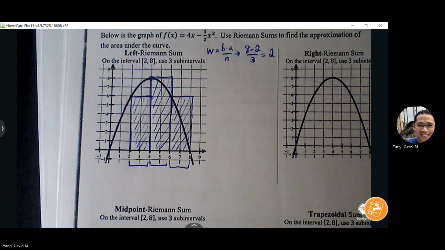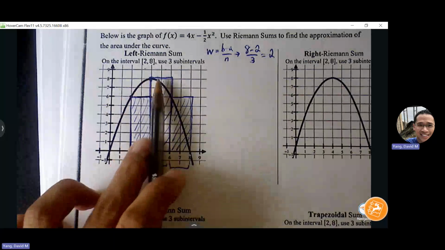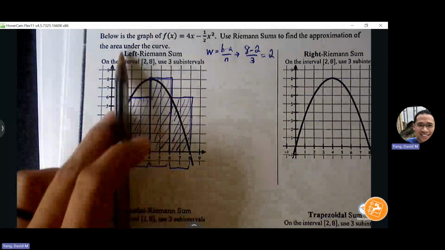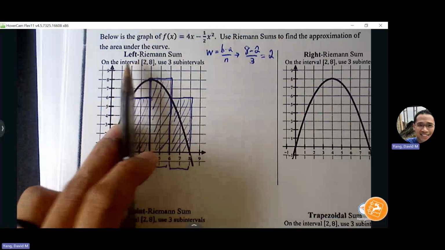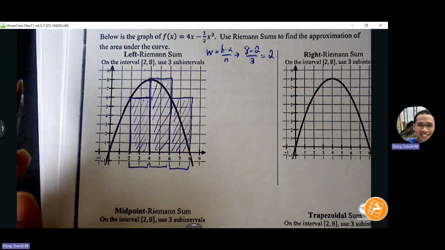Sometimes it can be over the curve, sometimes it can be below the curve, but we are focused on the fact that we want to attach the left endpoint regardless of whether it's above or below.